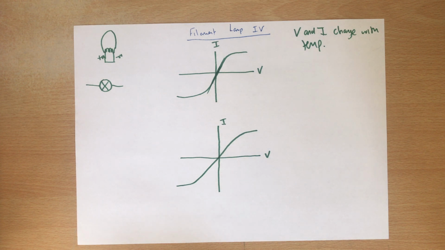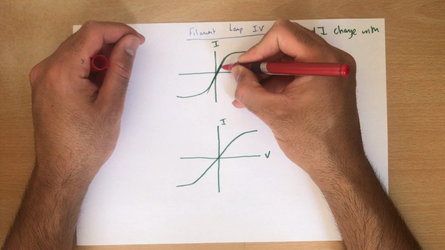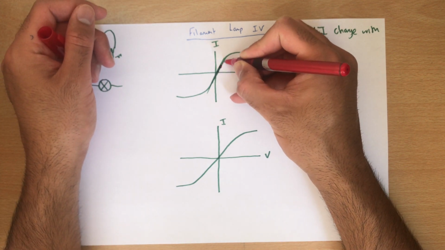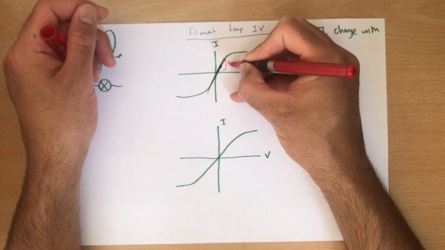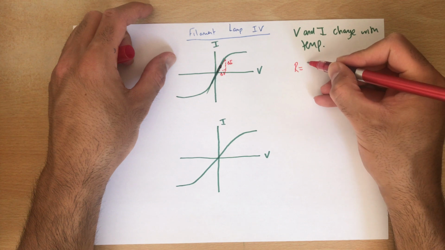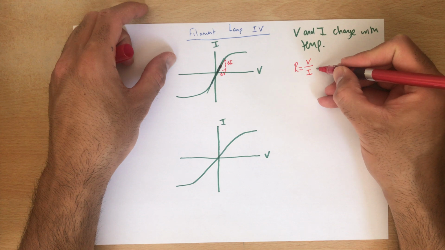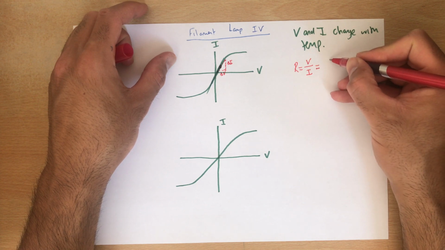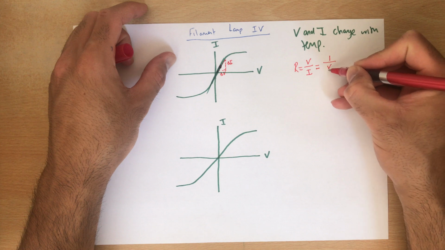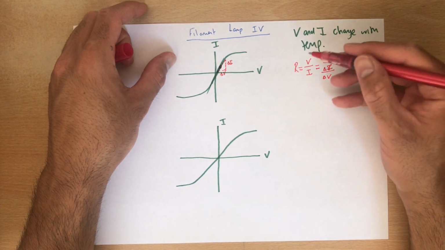So the first thing we're going to do is analyze this. To work out the resistance at any point, you basically just pick a point and do your delta Y over delta X. For this point, it's going to be quite simply delta I divided by delta V. To work out resistance, it is V over I. However, as you can see, the graph is actually inverted, so we're going to have to get the gradient of this and do 1 over delta I over delta V. Whatever value for the gradient you get, you just do 1 over it, and then you can work out the resistance.